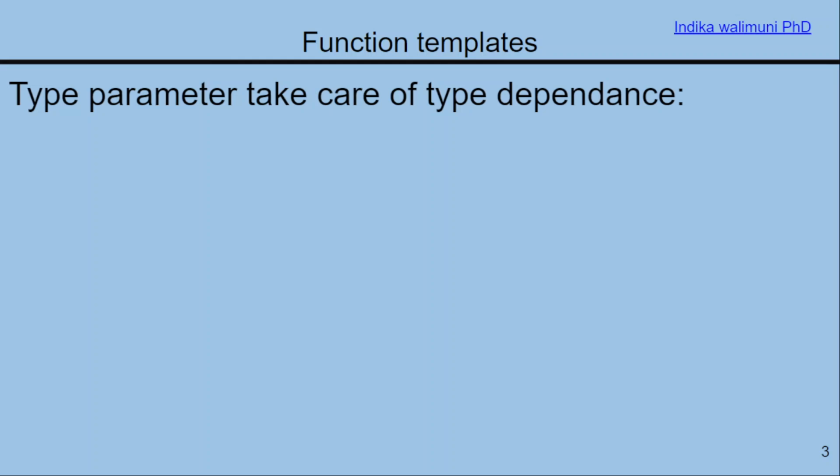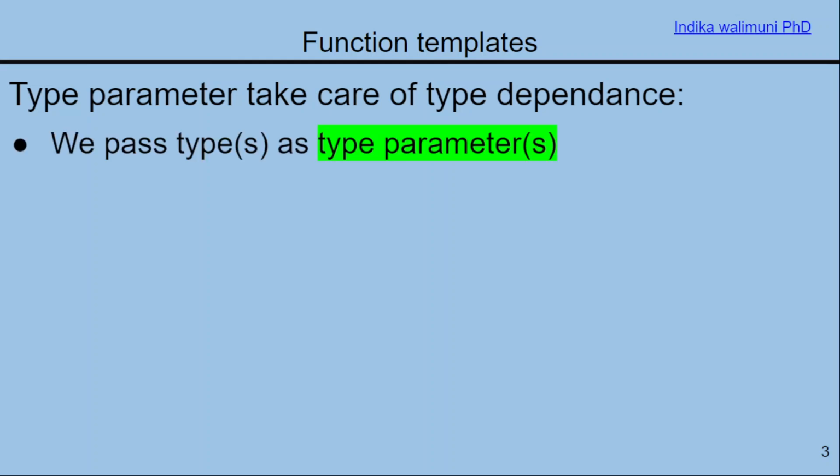We know that in templates, type parameters take care of type dependence. Basically, what we do is we pass the type as a type parameter. It can be one type or many.